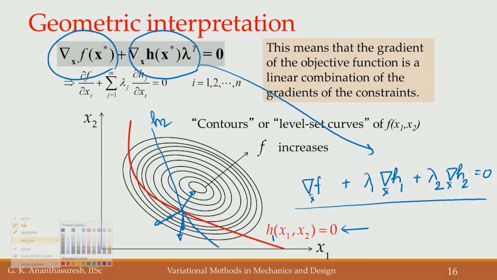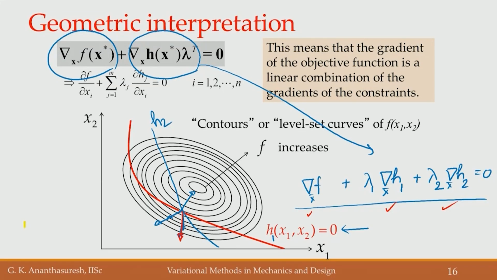So let us say that gradient is like this, and the objective function gradient will be the sum of these two. The gradients of the two constraints will be in the opposite direction to the gradient of the objective function. That is how we can interpret it in multiple variables.